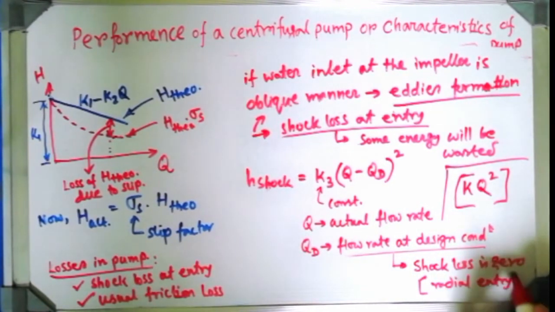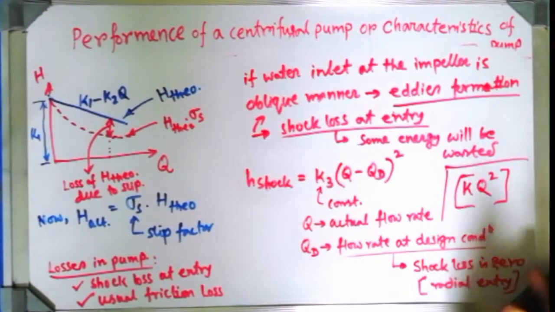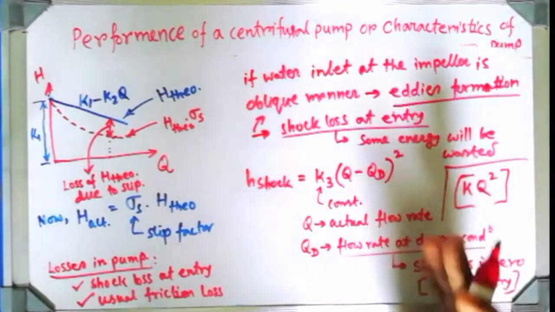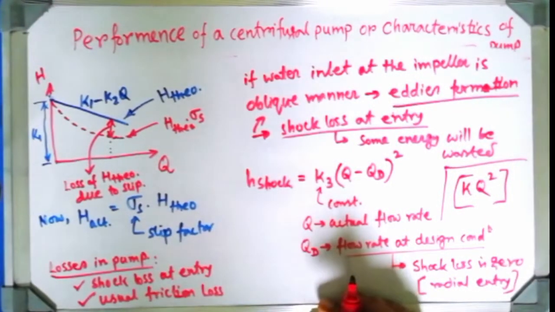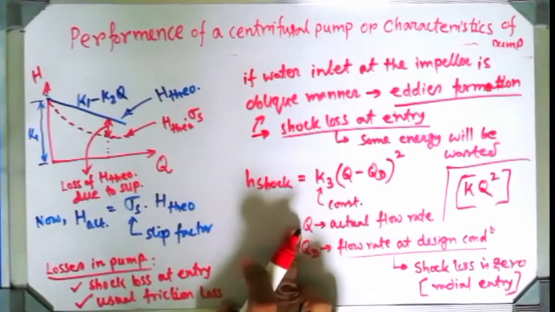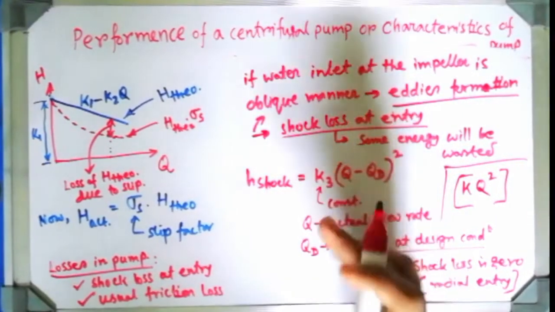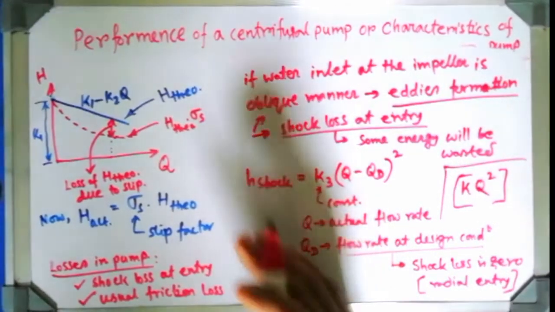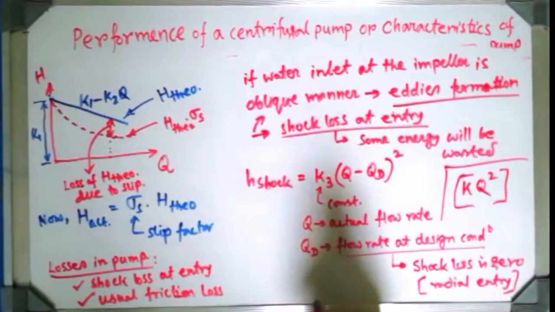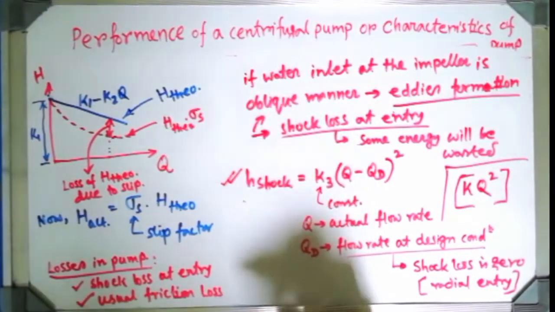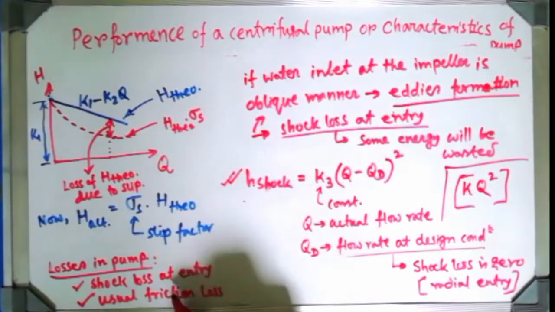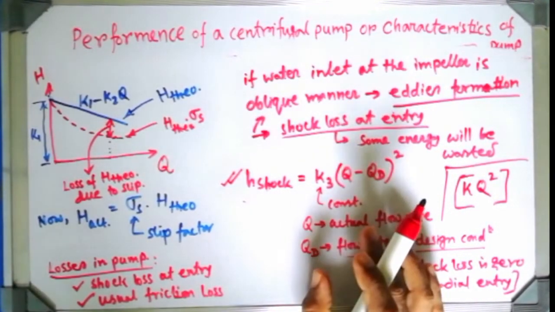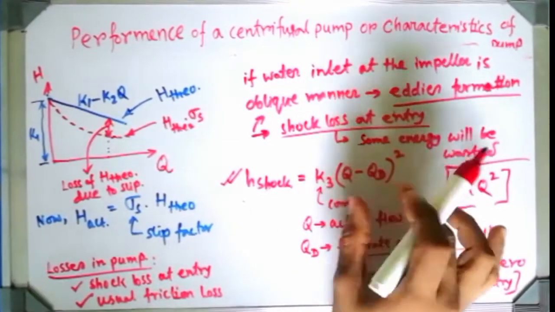But due to any reason, if radial entry isn't fulfilled, then shock loss will be there, and due to that the flow rate gets reduced, that is Q. So the difference between them represents the head loss due to shock loss at entry. This expression gives us the head loss due to shock loss at entry. K3 is obviously a constant, multiplied by the square of the difference of the discharges.